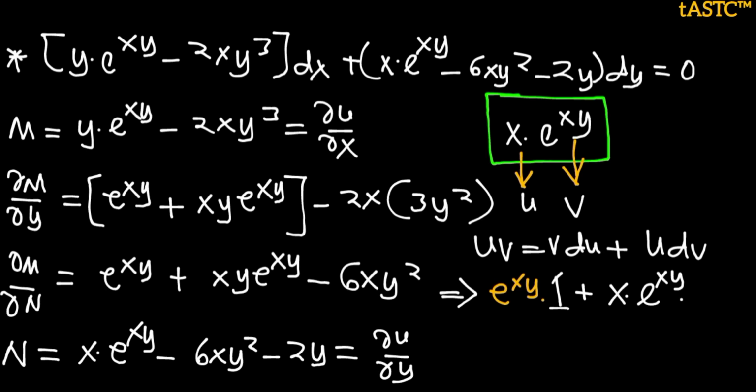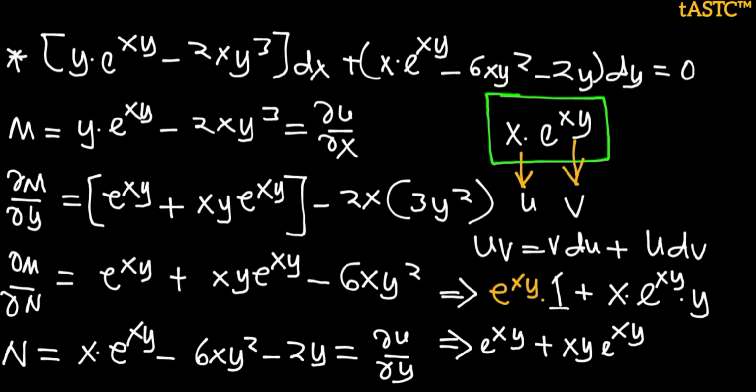In this case, we need to differentiate this rather with respect to x. So that is going to give us a y. So we got this. This is e to the xy. That will be plus xy e to the xy. So that is what we're going to have.